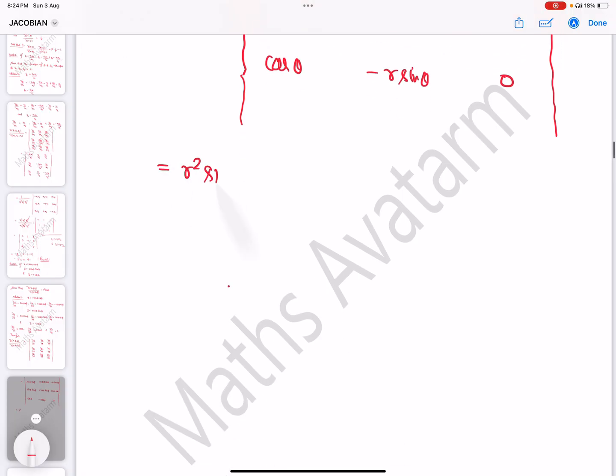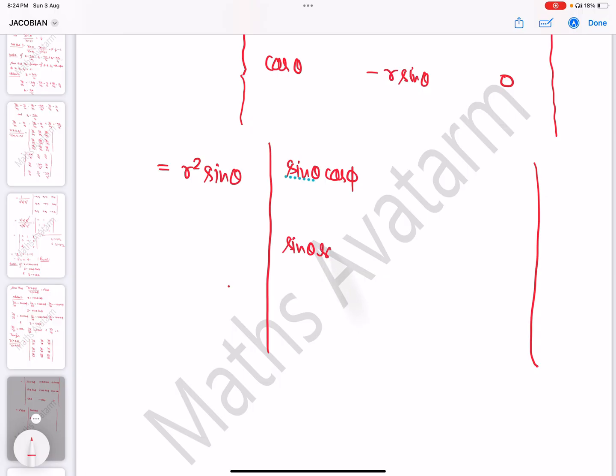r square sine theta times the determinant: sine theta cos phi, sine theta sine phi, cos theta. So we have taken common r here.